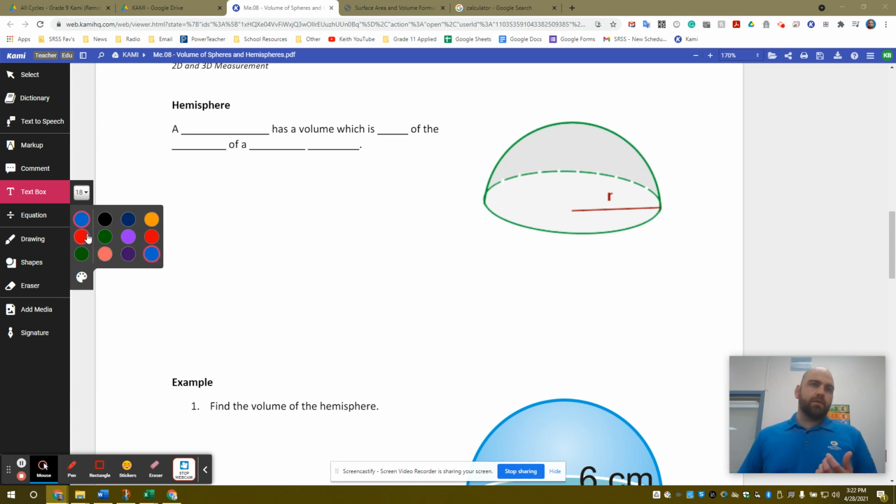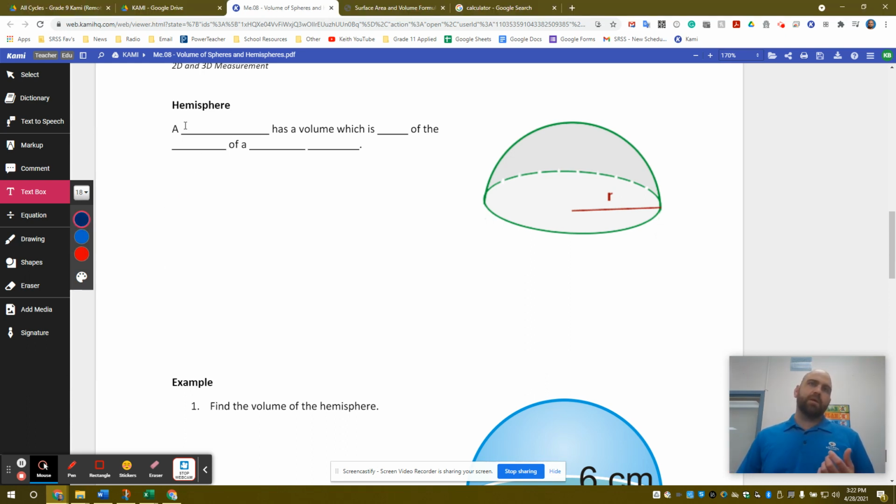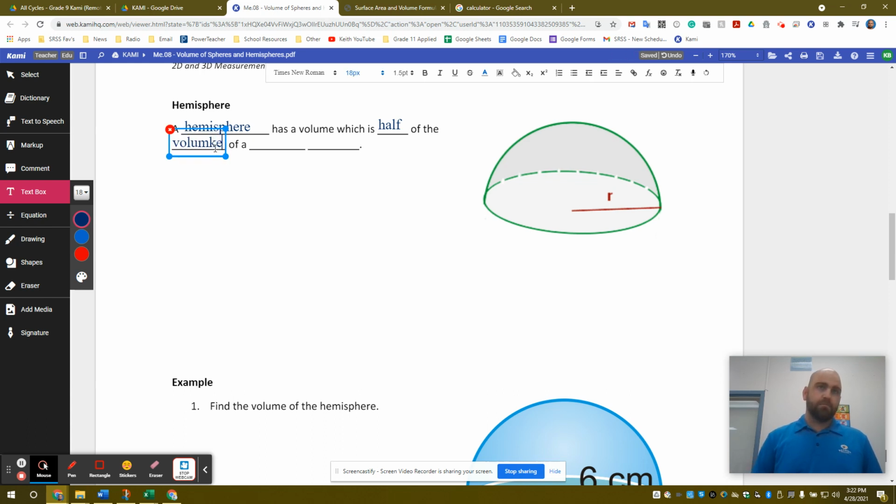So in words, we're going to say that a hemisphere has a volume which is half of the volume of a regular sphere.